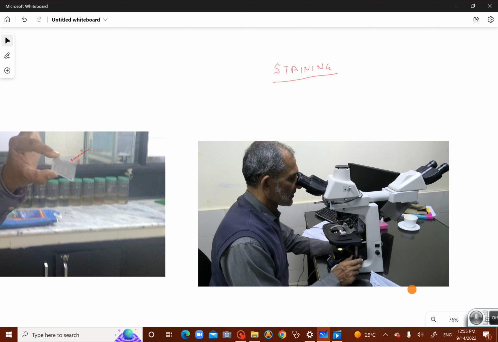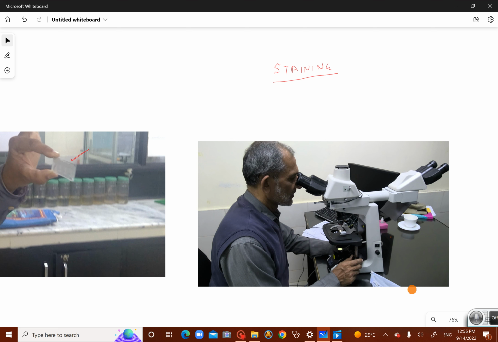So when the slide is put into hematoxylin, all the structures which are acidic in nature will take up the basic dye, which is hematoxylin. For instance, nuclei contain nucleic acid, so they will take up hematoxylin, and the nuclei will become bluish, purple-bluish in color.